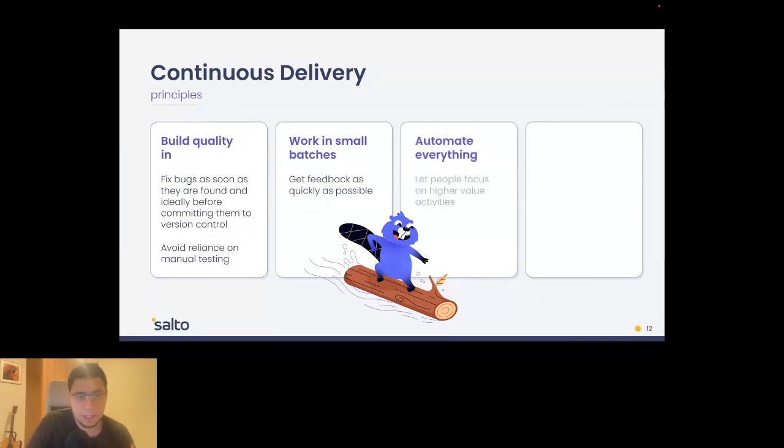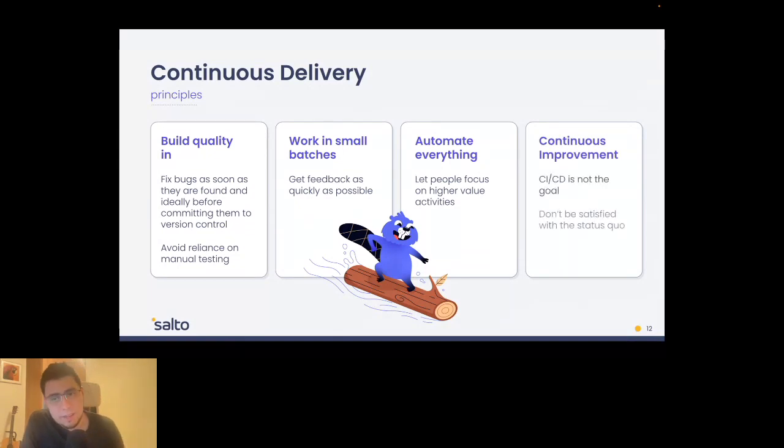The next principle of continuous delivery is to automate everything. And that just means let humans or people work on higher value add activities. And everything that can be automated, you should look into automating it. And of course, that includes deployments. And that's why many times when we talk about CI/CD, we start talking about automating deployments, automated static code analysis, etc. And it comes from this principle of trying to automate everything that can be automated.